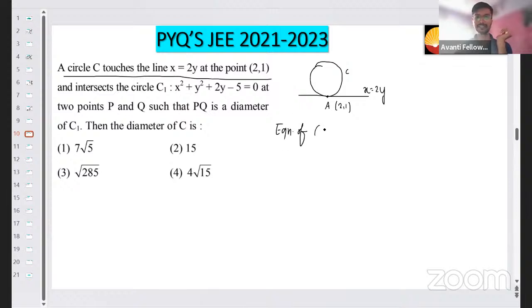Equation of C. I hope you remember the family of lines and circle. So the equation of circle C will be, what is the family of lines and circle?